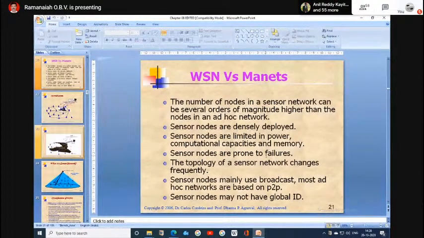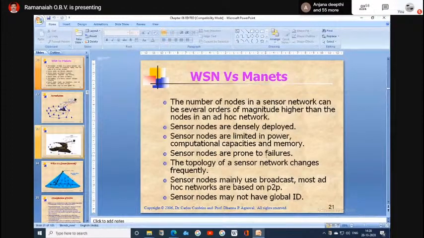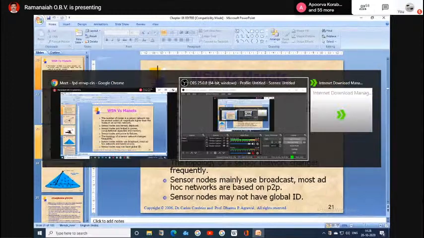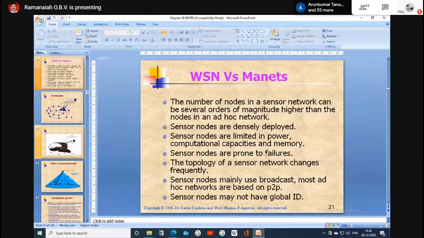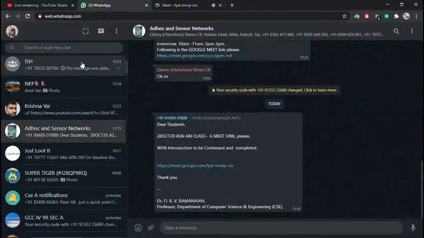Whereas in MANETs, there are fewer nodes compared to a sensor network and they are not that densely deployed. For example, with 100 nodes, how much area are they deployed in? In the given area they are not that dense compared to WSN.